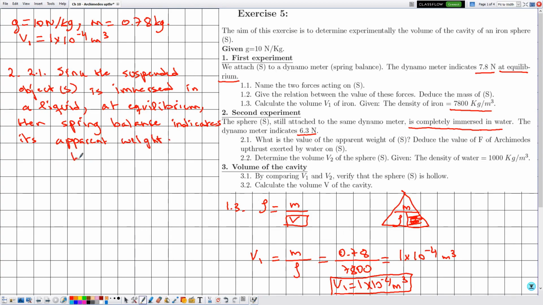Then in this case the apparent weight is given by 6.3 newtons. So let me write here that the apparent weight is given by 6.3 newtons and the real weight, let's say WR, is given by 7.80 newtons.